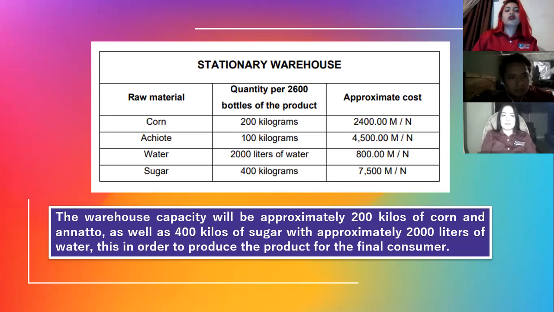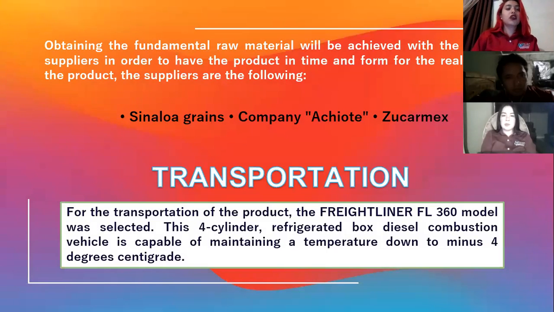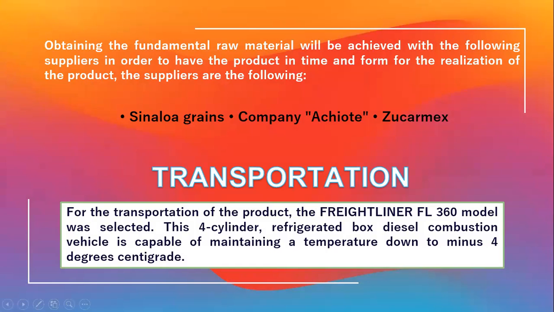This is in order to produce the product for the final customer. The fundamental raw material will be obtained from the following suppliers in order to have the product in time and form: Sinaloa Grains Company, Achiote, and Sucar Mix.